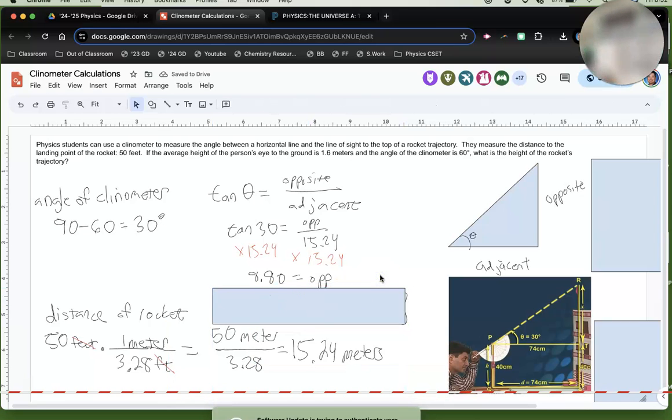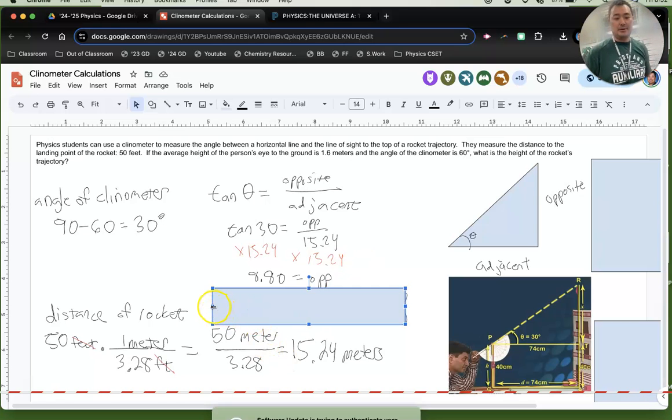Now this is the opposite side of the triangle from eye level and up. We have to add the average height of the person's eye level to this number. So the last step is to add 1.6, the average height of a person's eye line to the ground, to 8.80.